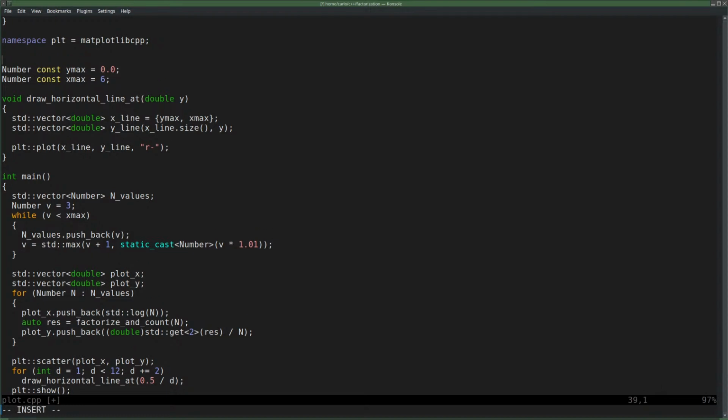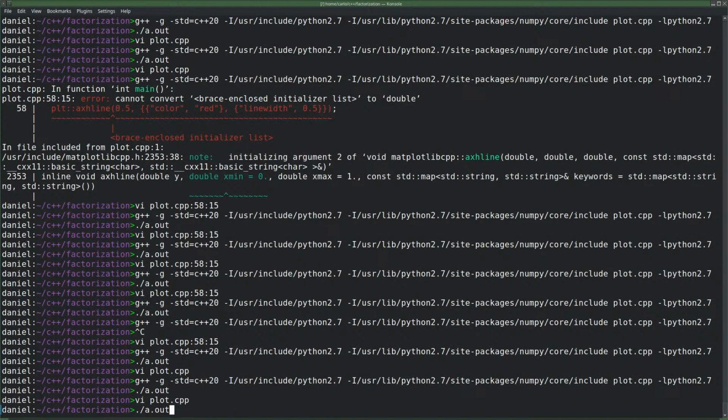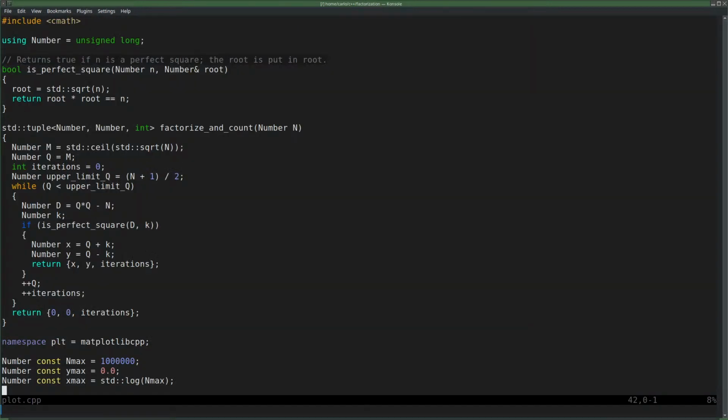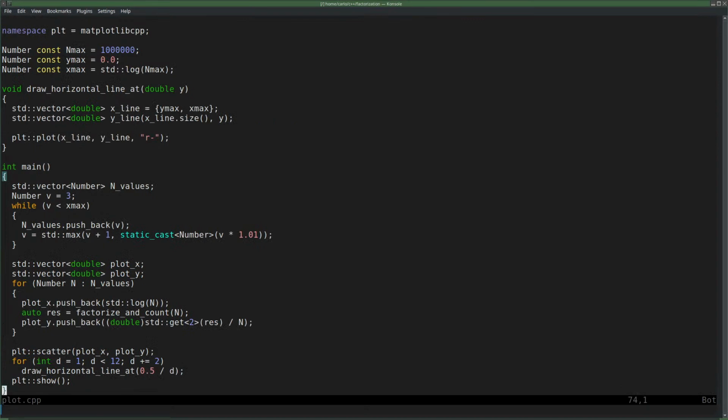So can we do maybe a number const n max? Because it's probably not 6, now I think about it. I think it's a natural logarithm. So this is more correct. Wait. It's not correct. This must be nmax.